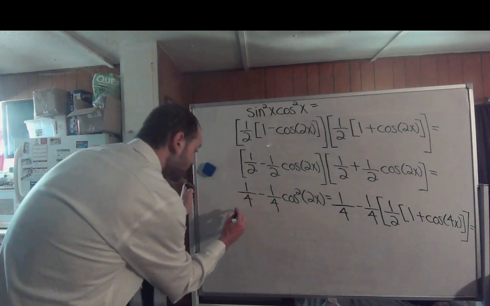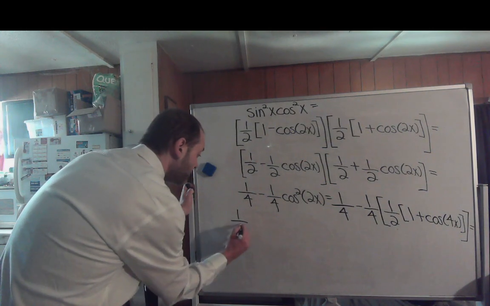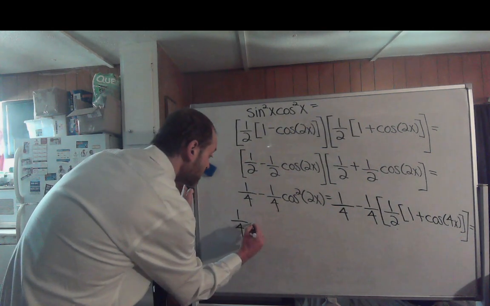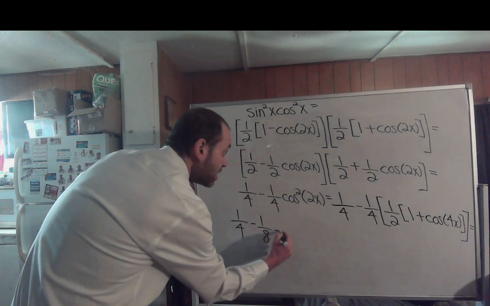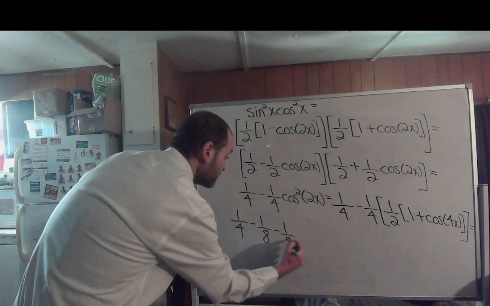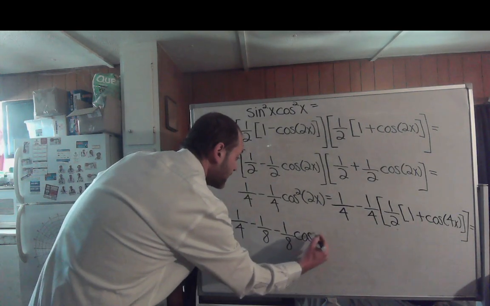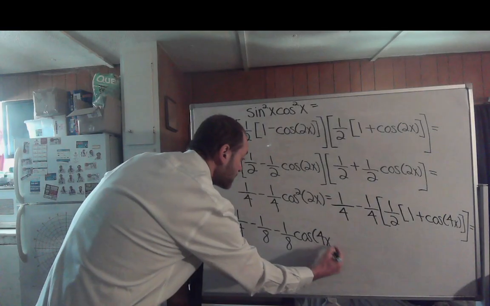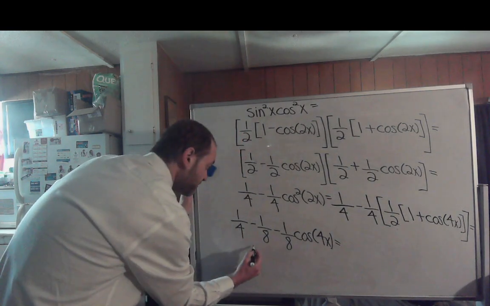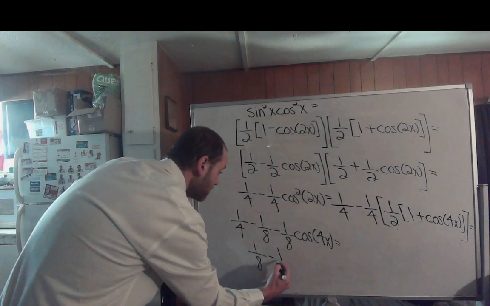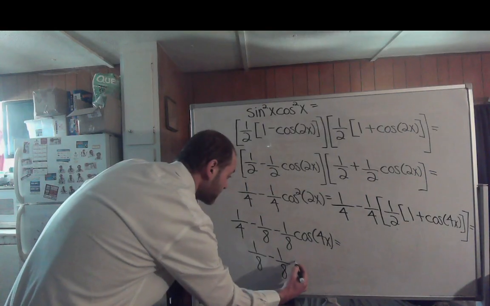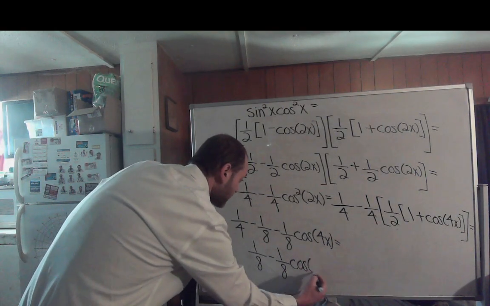So this would end up being 1/4 minus 1/8 minus 1/8 of the cosine of 4x, which when we simplify would end up giving us 1/8 minus 1/8 of the cosine of 4x.